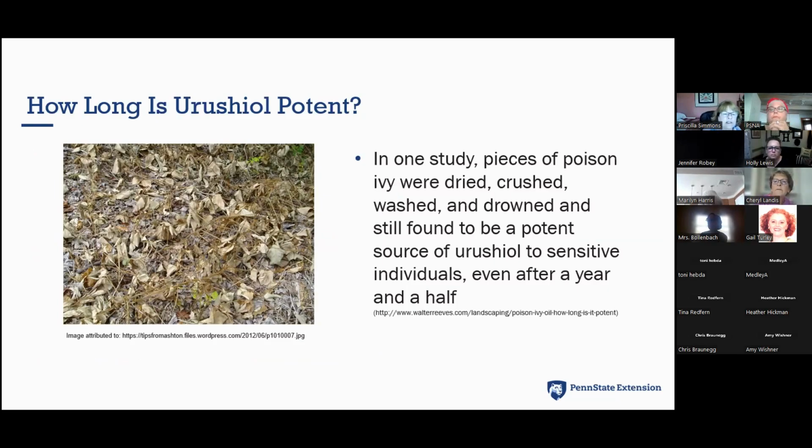So you can see in this photo that there are dead poison ivy leaves, and if you are walking in the woods in the fall or the winter, you might not recognize them as such, but they still have allergic potential.